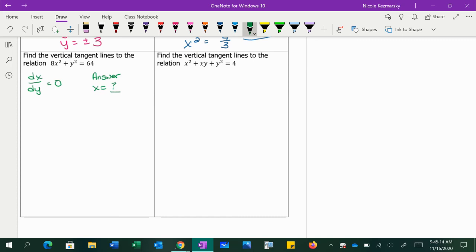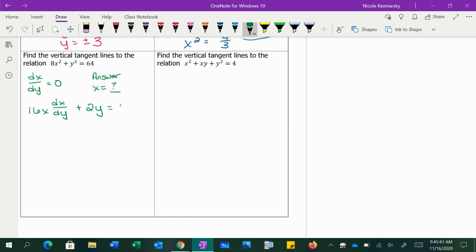So for the first term, 8x squared becomes 16x, and because it's an x, I say derivative of x with respect to y. And then for y's, the derivative of y squared is going to be 2y. Under this notation, it would be dy/dy, which means I don't need to write it because it's just equal to 1.